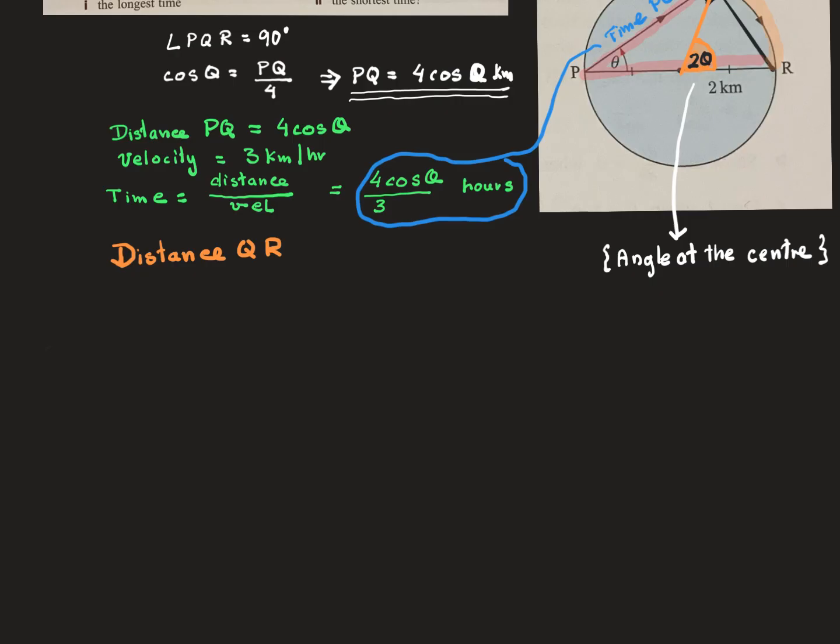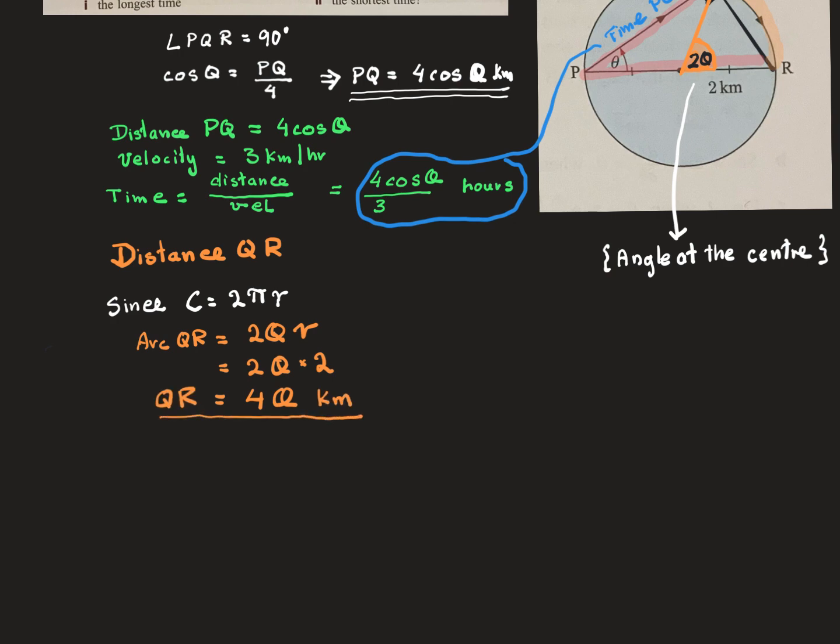And since the circumference of a whole circle is 2 pi r, then we can say that our arc QR is therefore 2 theta r, which is 2 theta times 2, which is 4 theta kilometers.